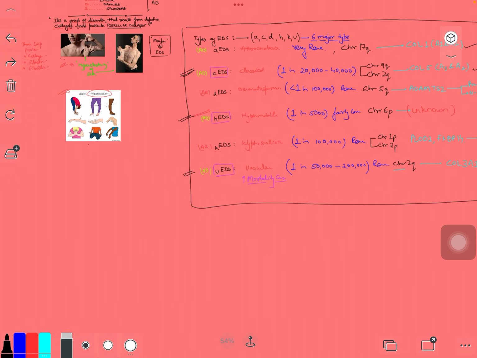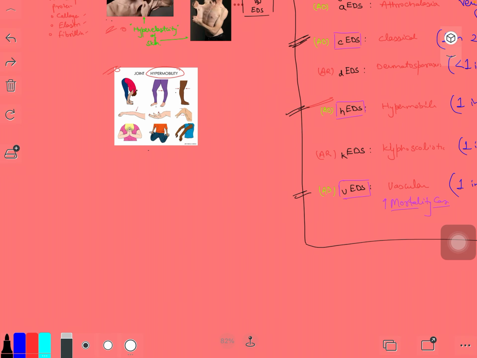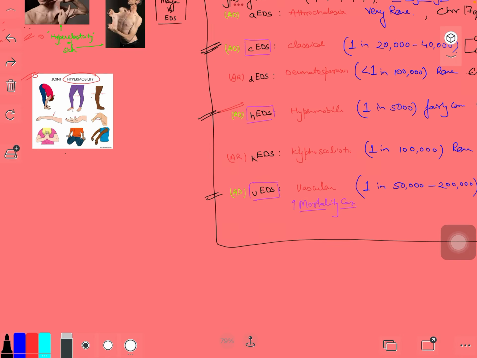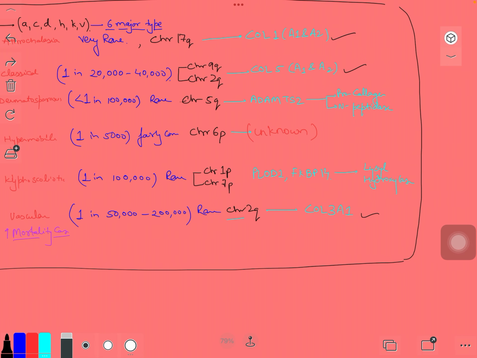Now, very well, let's see. What is actually happening in this case is that either the collagen is defective, or the process by which collagen is produced has some kind of flaw in it. Either the enzyme can be the N-peptidase or the lysyl hydroxylase, or the raw materials needed for the production of collagen are defective or less in the body, or somehow the body is not able to absorb those nutrients.